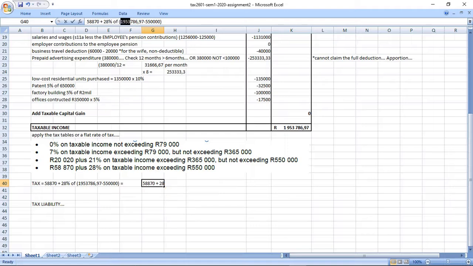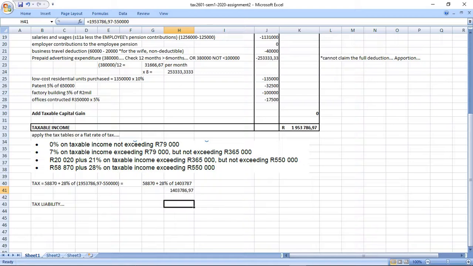Just to show additional working, so you guys are familiar with how I'm getting these figures. This bracket should be 1,403,787. There might be some cents there actually. Yes, there is. So let's leave the cents there. 86.97.